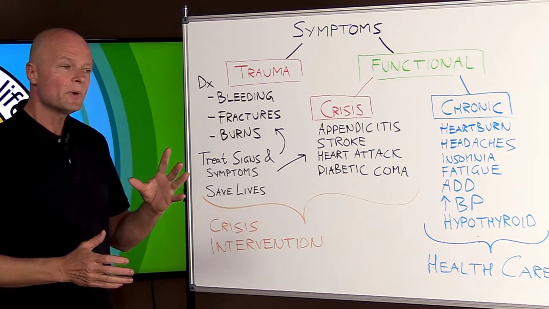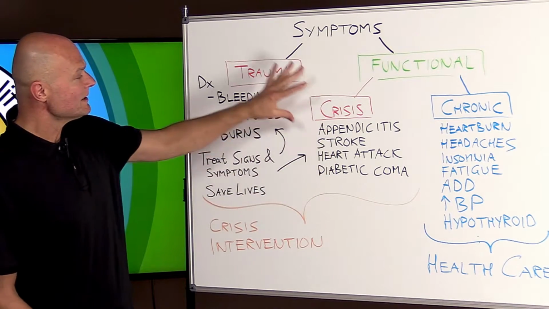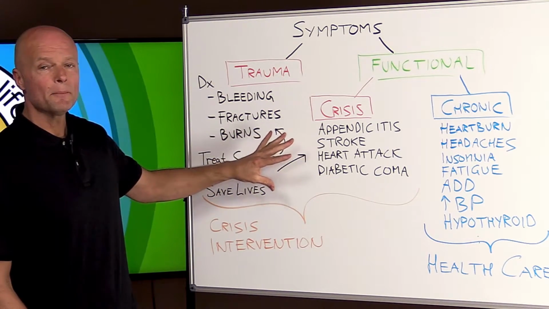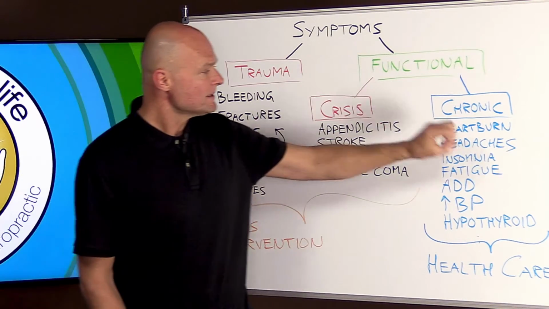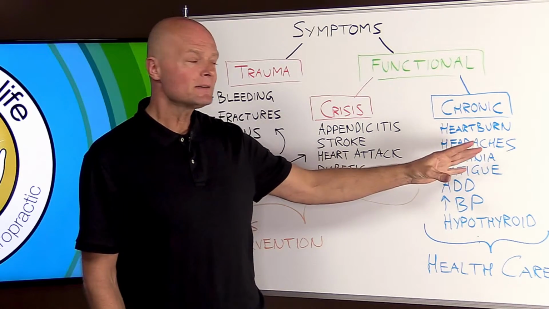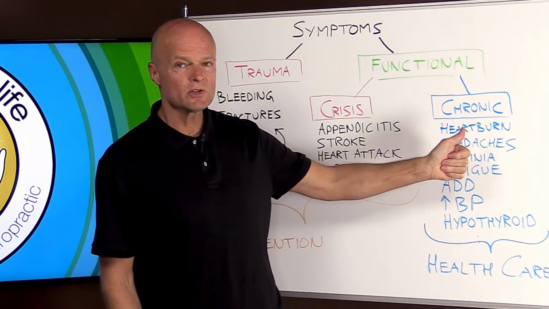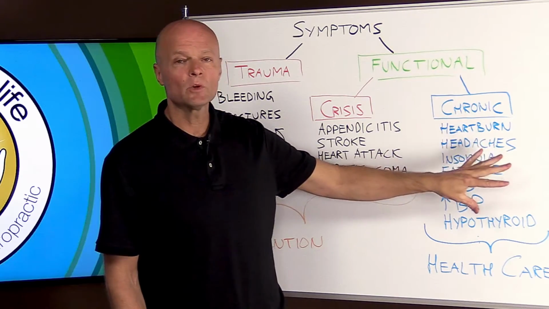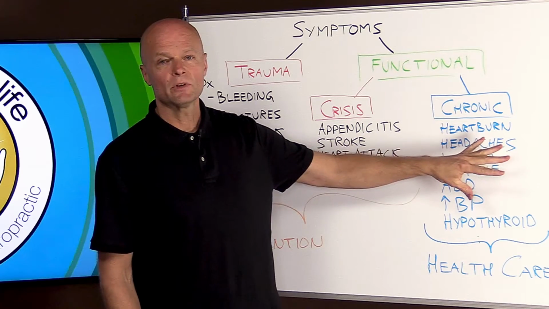So the thing to remember is that this is crisis intervention. This is where medical care is very appropriate. This is where you need true health care. And the medical system has nothing to offer in this area because drugs and surgery will never make anything work better. They can save a life, but they cannot restore health.